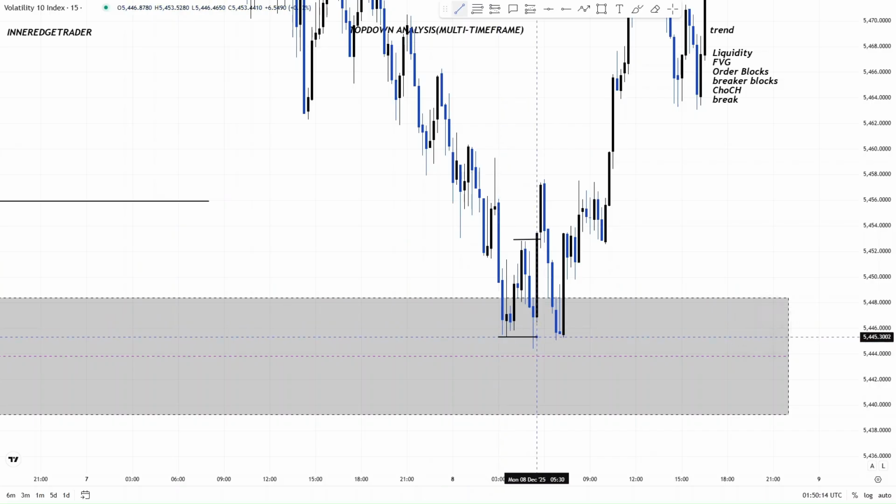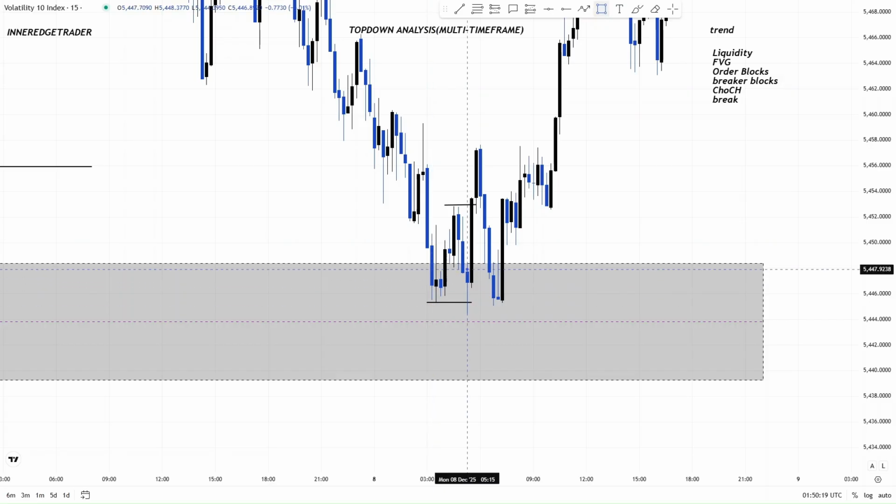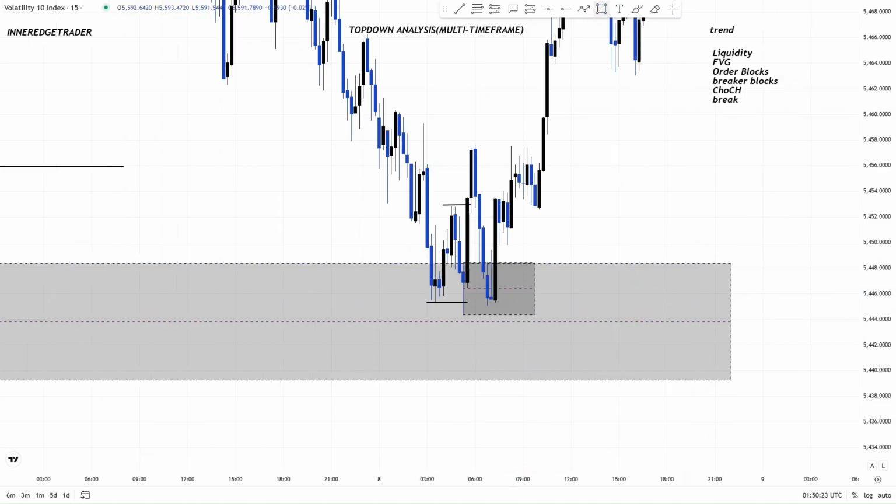So the market structure shift we're looking for was this order block, which was going to be our entry on the 15 minutes time frame.